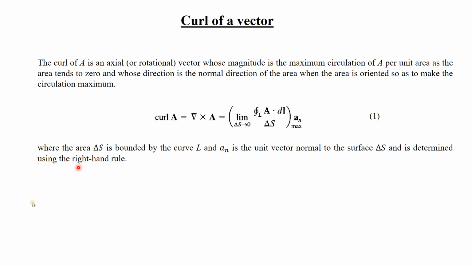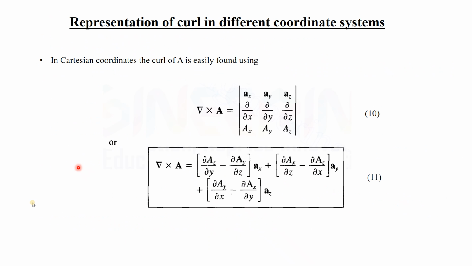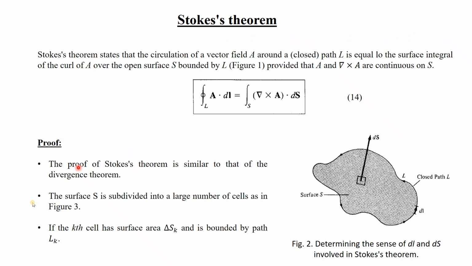Suppose a vector is rotating and circulating around a particular area or a point. So at a particular point, if you are having the maximum circulation of the vector A per unit area, where the area tends to 0, that is called the curl of the vector.